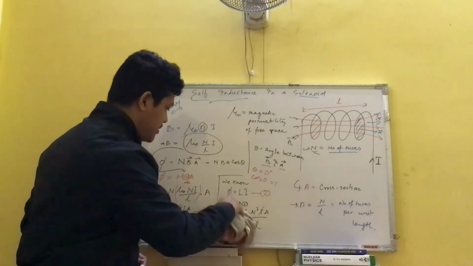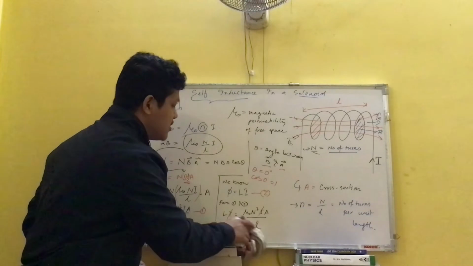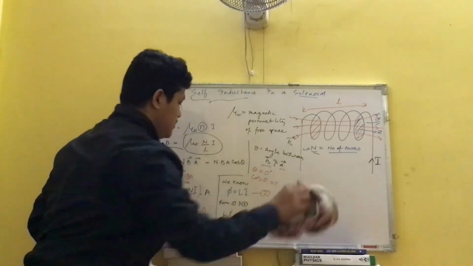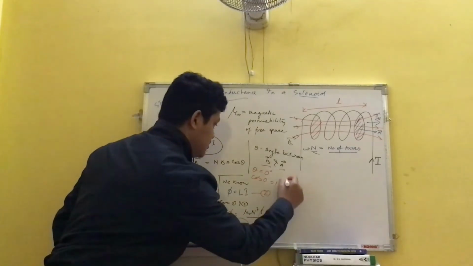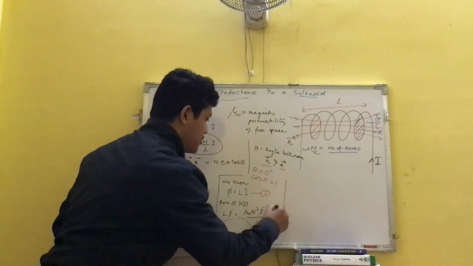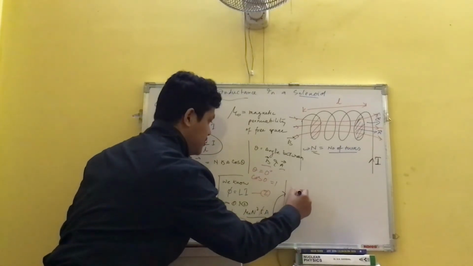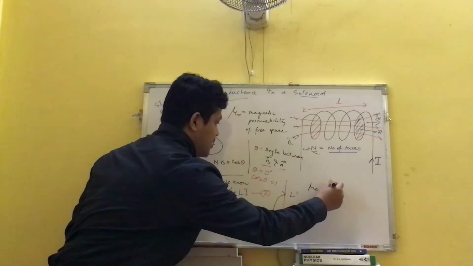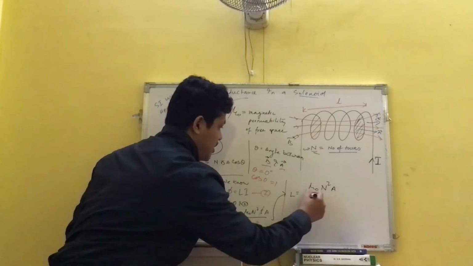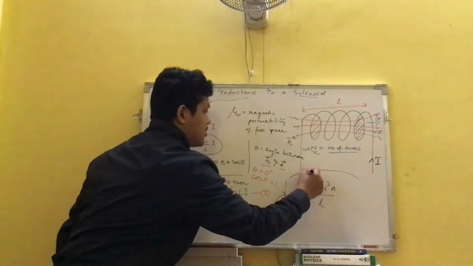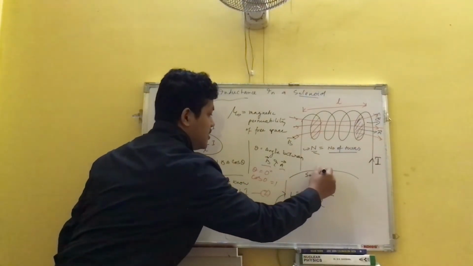Let me clean this. So what we have got here, L is equal to mu naught n square A by l. This is self-inductance of a solenoid.